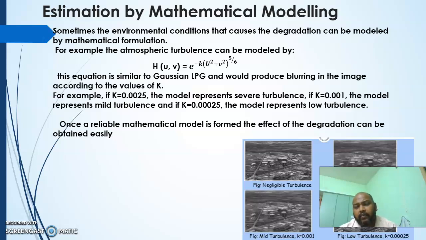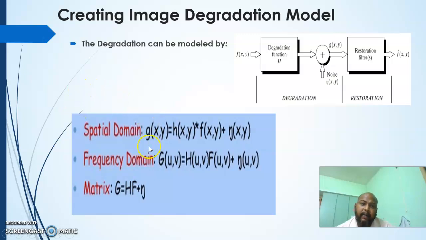The object, the camera and the atmosphere between them vary in different applications. Earlier itself they would have defined these, so mathematical expressions can be used here to model a degradation function. In such a way, if a mathematical model is used, we can say estimation by mathematical modeling.